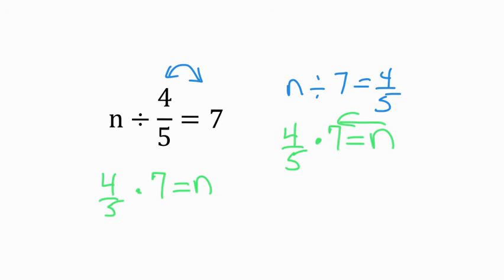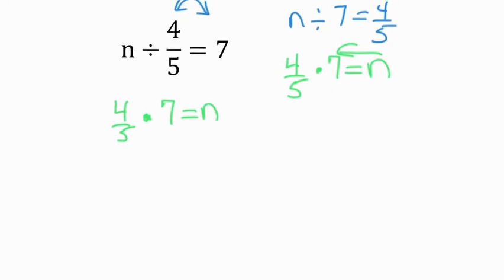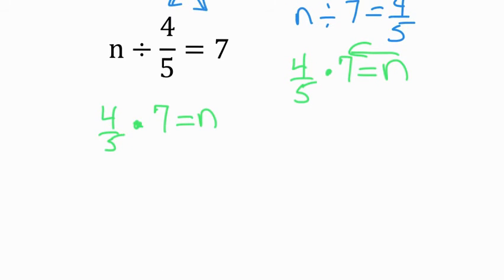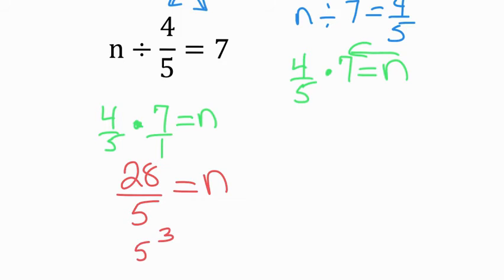Now I have to go back and remember my multiplication. I just multiply across. So 4 times 7, that's 28. And 5 times 1 is 5, which equals n. And there's my answer. And again, if it's required, make it 5 3/5 equals n.